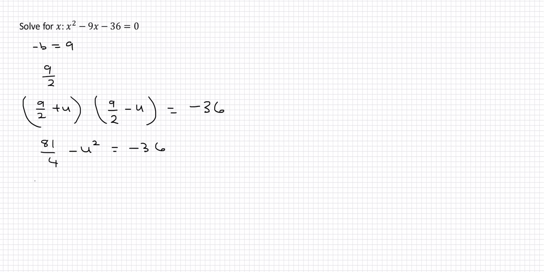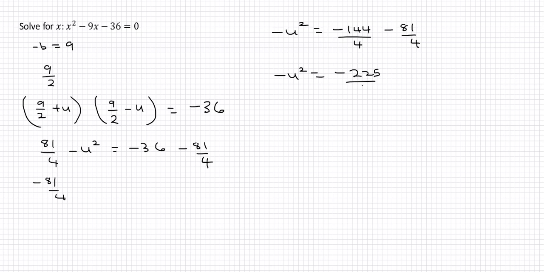So we can subtract 81 over 4 from both sides. So negative u squared is going to give us negative 144 over 4, which is 36, minus 81 over 4. Actually, let's do it this way. Let's go to the next line. So negative u squared is going to give us negative 225 over 4.